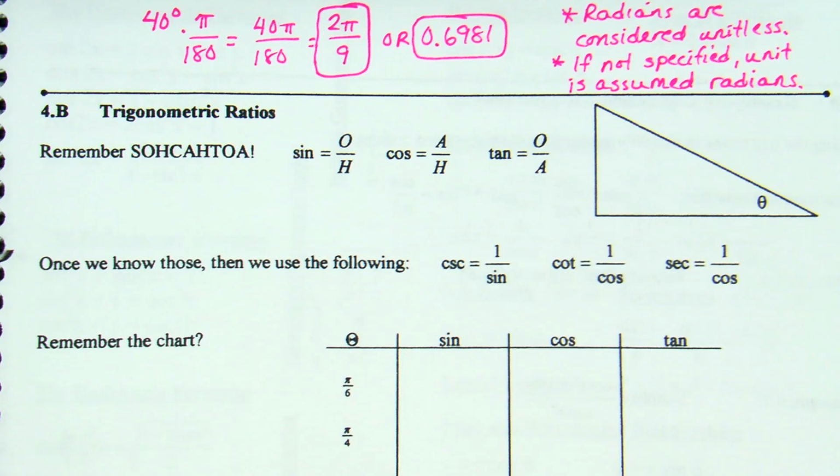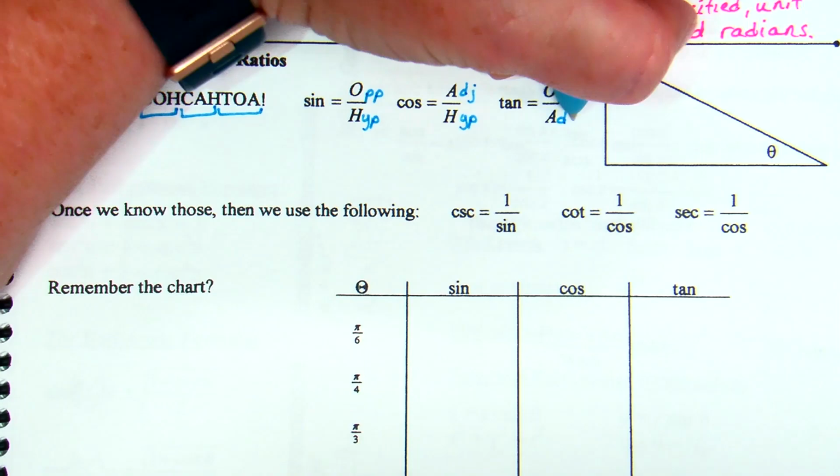And tangent is opposite over adjacent. That sounds familiar, right? And that is all based on wherever the angle is. So obviously it would never be the right angle, but for instance, here's my theta. If this is theta, then in reference to theta, my opposite is across from it. Adjacent is the leg that touches it, and hypotenuse is always the hypotenuse.